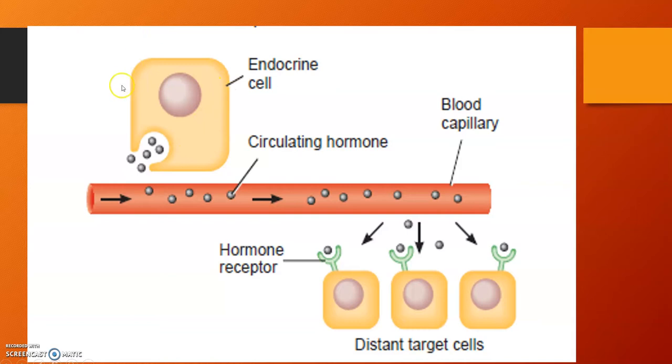This is the endocrine cell where the hormone is being secreted. This secretion is released directly into the bloodstream, and once it comes across its target cell, the target cell possesses the receptor to which this hormone binds, and a cascade of molecular reactions takes place inside the cell, and that's how the physiological function is performed.